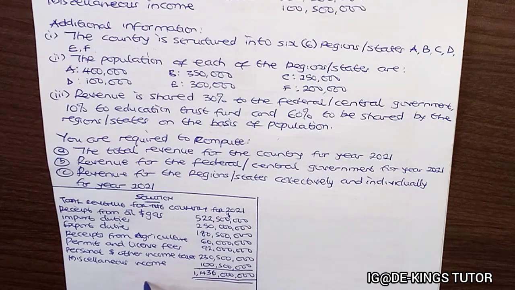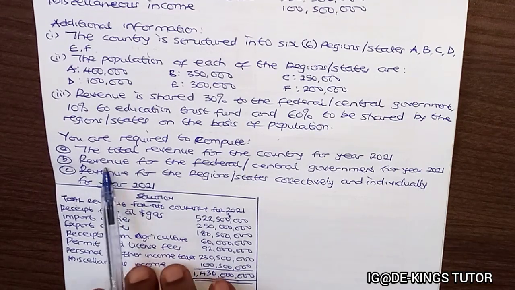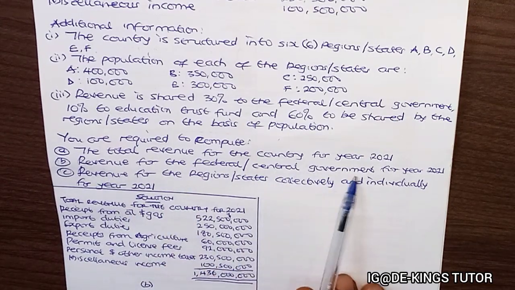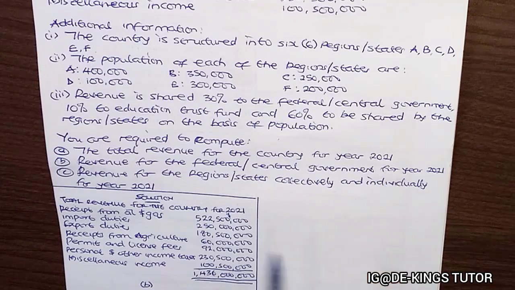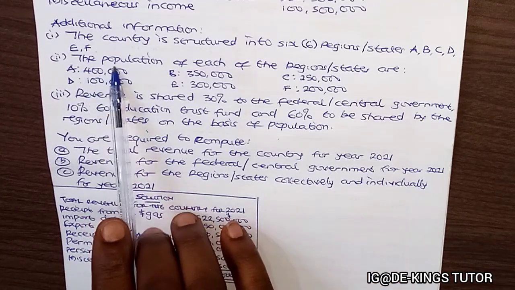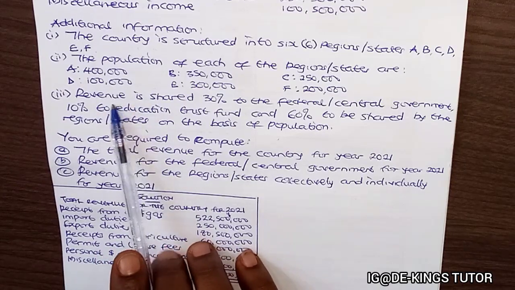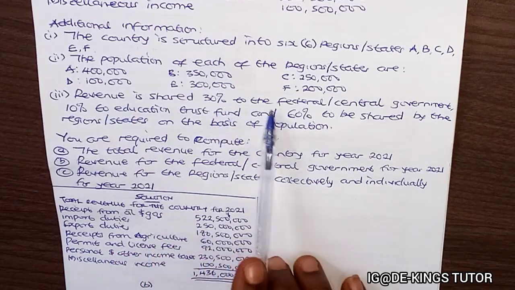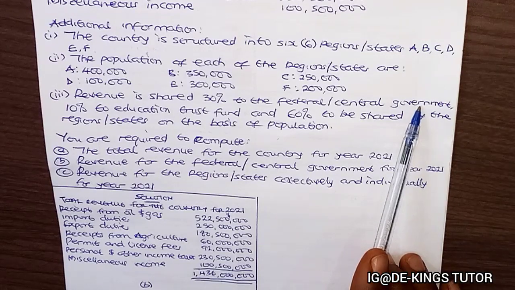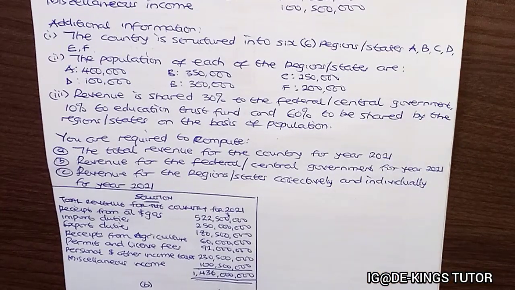Then for B, it said revenue for the federal/central government for the year. Remember, in the third information they gave, they say revenue is shared 30% to the federal or central government. So it will now be 30% of the total income.